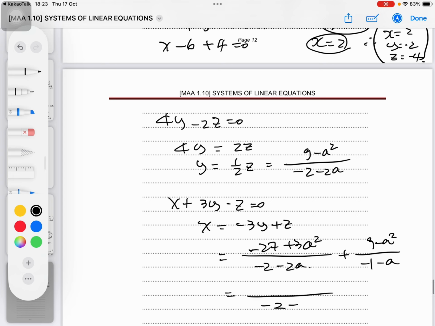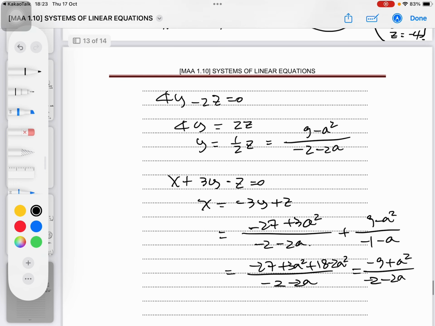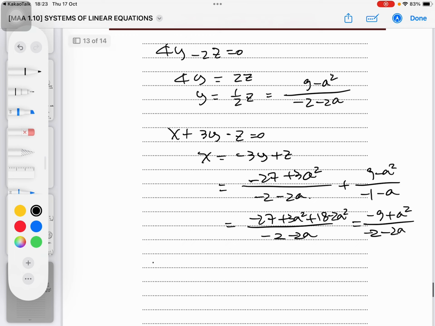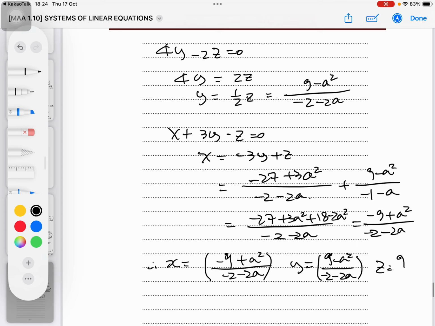So -2 minus 2a, -27 plus 3a squared plus 18 minus 2a squared. So -2 minus 2a, -9 plus a squared. So this was x, y, and z. Therefore, x was -2 minus 2a over -9 plus a squared. Y, -2 minus 2a over 9 minus a squared. Z, 9 minus a squared over -1 minus a.